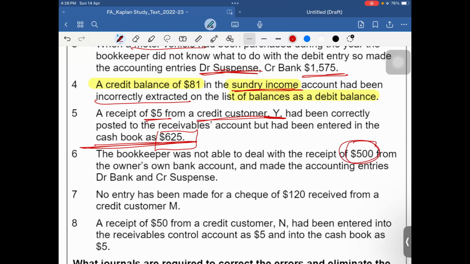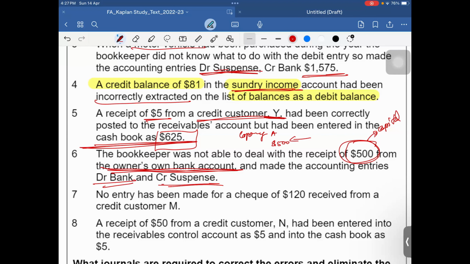Now, this particular 500 should have been taken into capital, right? Since it is the owner's fund. Owner's own bank. This simply means that for a company, a shareholder may have contributed a sum of 500. Since the bookkeeper didn't know what to do, he took it into bank account and treated the other side as suspense account.